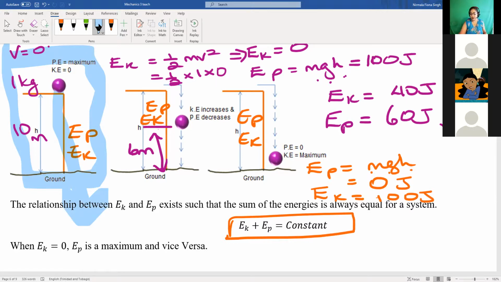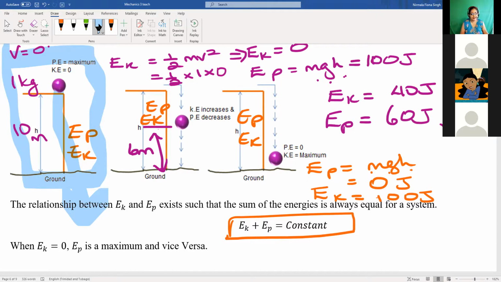So wherever I hold an object above the ground, that's the maximum potential energy that current system can have. Now if I take that object and carry it to a further height, we're now creating a different question, if you understand what I'm talking about. So if I hold something above the ground, the height that we hold it at is the maximum potential energy you'll have. And because I'm holding it, my kinetic energy is 0.